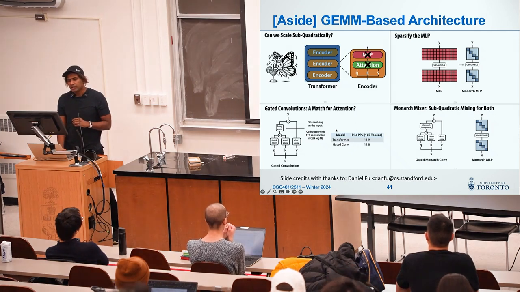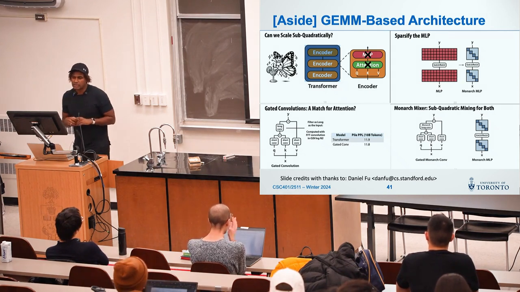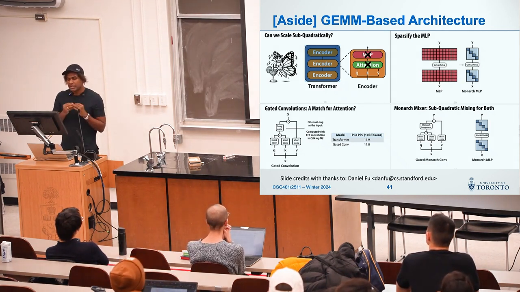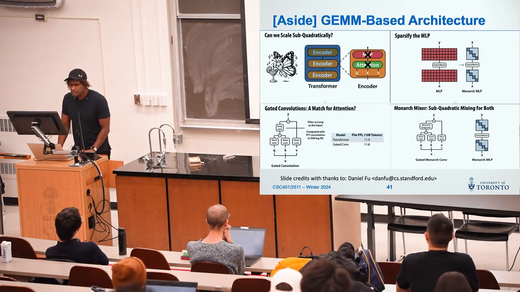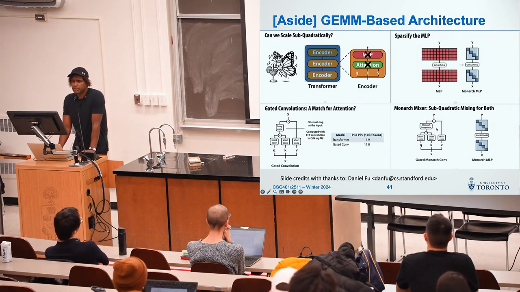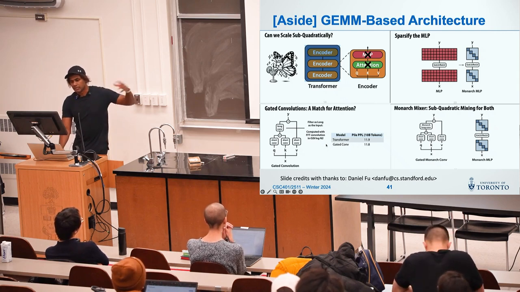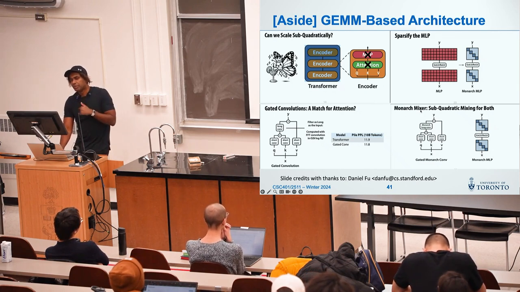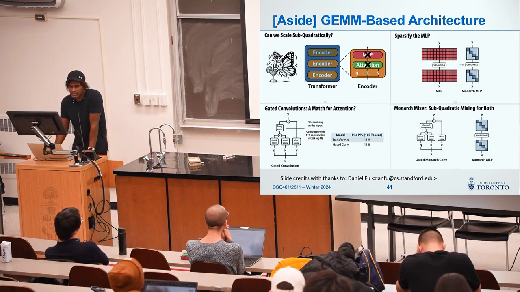And this on the bottom left is where the authors propose gated convolutions as a replacement for the attention block. The Monarch Mixer, a recent paper, combines these: the attention block is replaced by this convolution-based model, and the MLP is replaced by subquadratic diagonal matrices. That's the high-level idea.